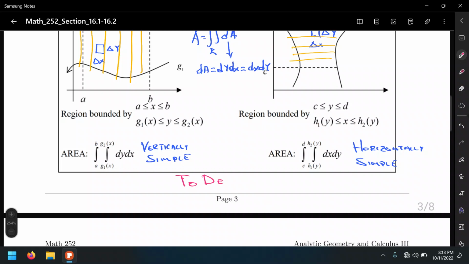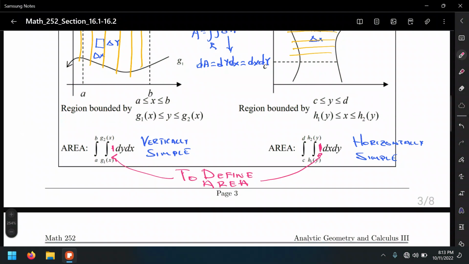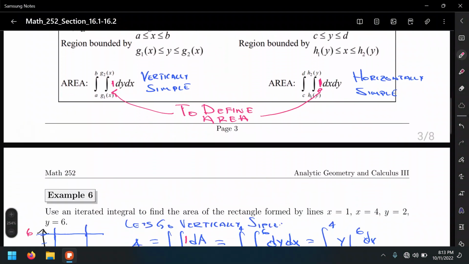To define area, the integrand must be a 1, whether you do it in the x direction or the y direction. If it's something else than 1, even a 2 or a 5, even a simple number, even 0.00001, that's already volume. It's not area anymore. Which is actually the next topic, finding volume.